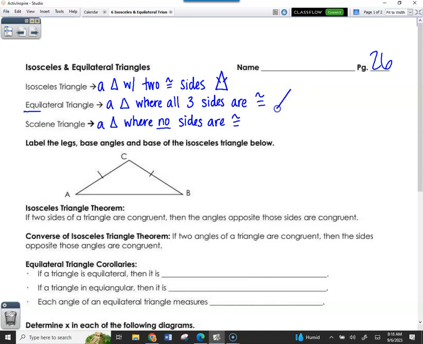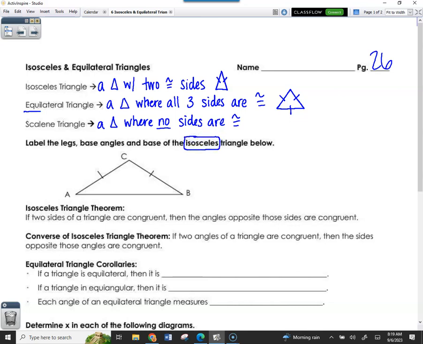For equilateral, you kind of have to stretch it out a little bit more, and all three sides are equal. And then, of course, scalene is there's no sides equal. We're going to look at first isosceles. There's some vocab words associated with an isosceles triangle.